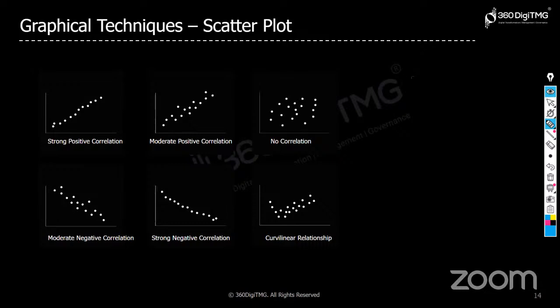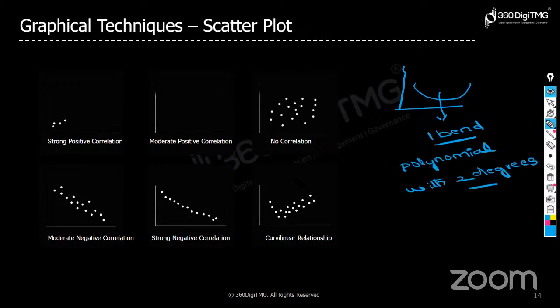When I plot a chart like this and I get a single curve like this, it means I have one bend present. If it is one bend, this is called polynomial with 2 degrees. And in this curvilinear relationship, you can see there is no linearity present, that is, it is non-linear.